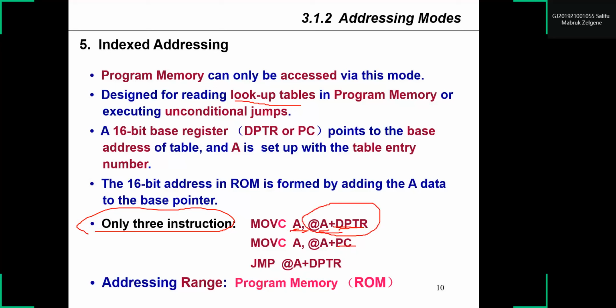So Laoshi, the opcode should have a C, so MOV plus C. Yeah, there's a C attached to the MOV. This MOVC is different from MOV. MOVC is just for the ROM, program memory, not for the data memory.